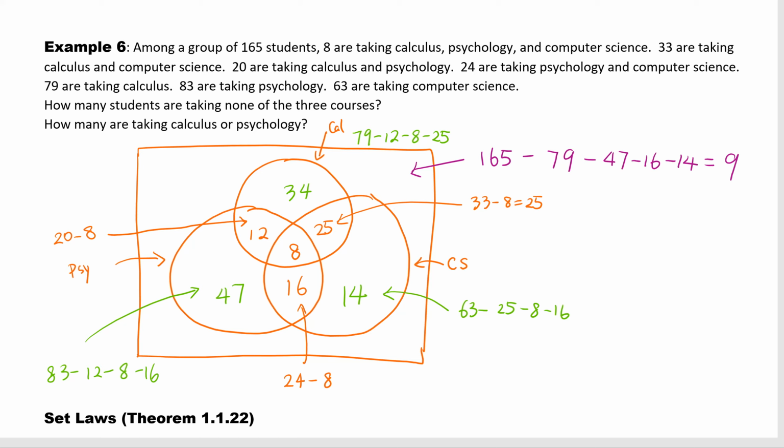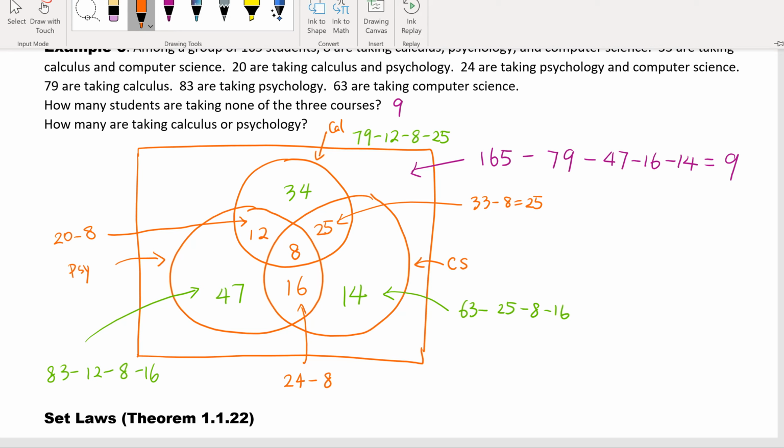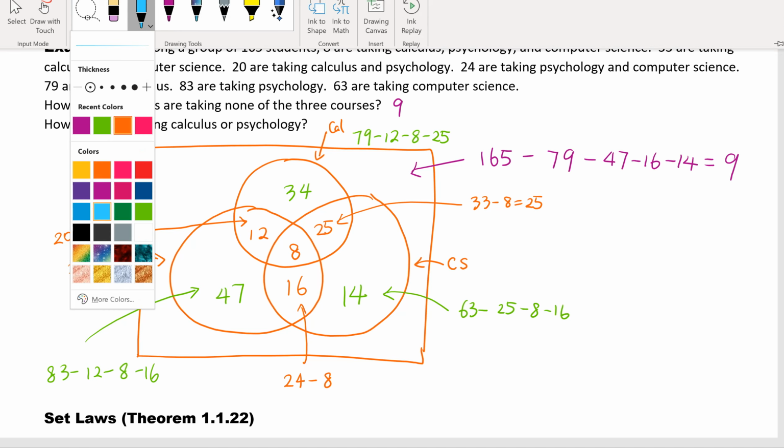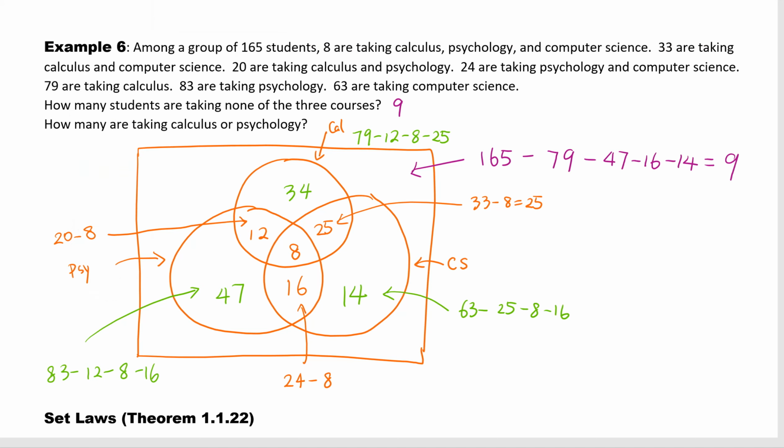Okay, so let's try to answer the problems. How many students are taking none of these 3 courses? Well, that is 9. We already figured that out. Next, how many are taking calculus or psychology? Remember, or is union. So calculus or psychology means this peanut shaped thing.